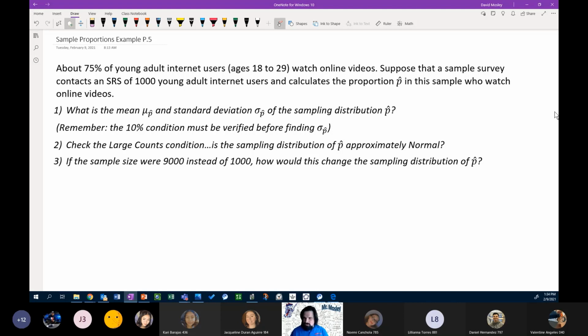Before we do any calculation, we want to identify the numbers and things that were provided in the context. So we have 75% of young adult internet users.